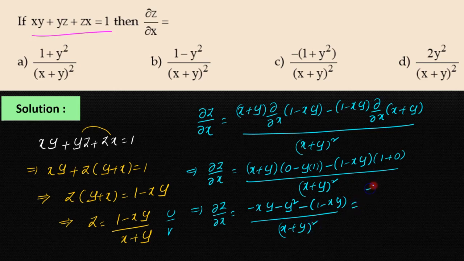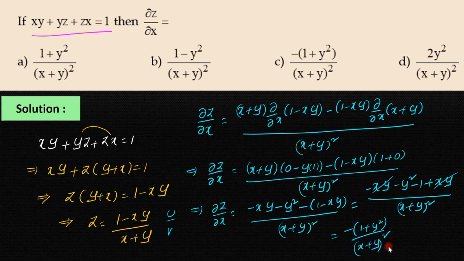This equals to minus xy minus y square, here minus 1 plus xy divided by x plus y whole square, that equals to, here minus xy plus xy get cancelled, here taking minus as common, 1 plus y square divided by x plus y whole square. Therefore the answer is option C.